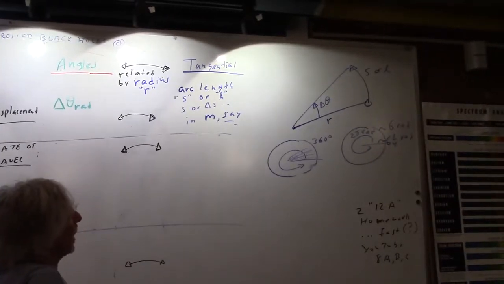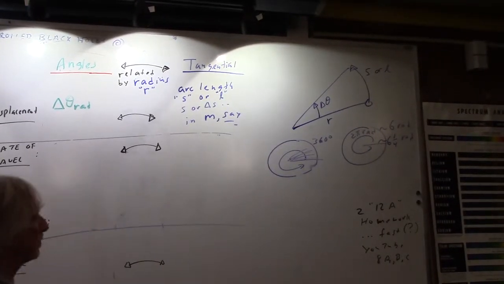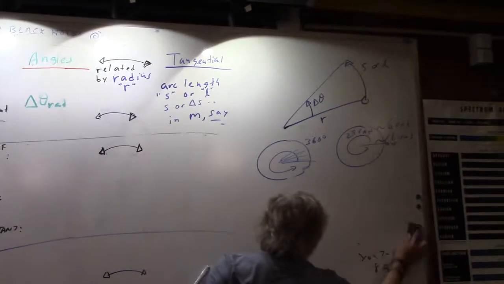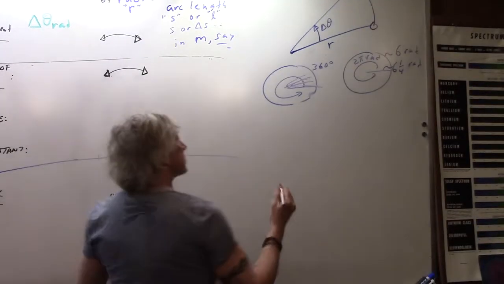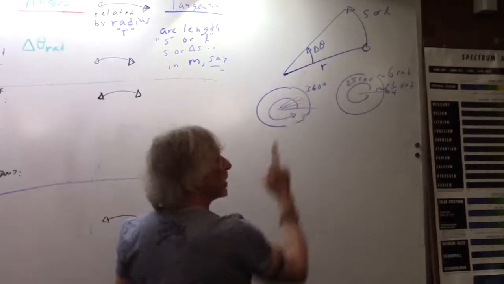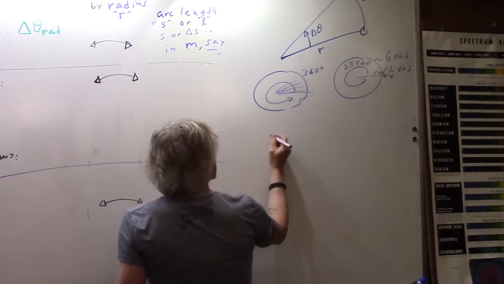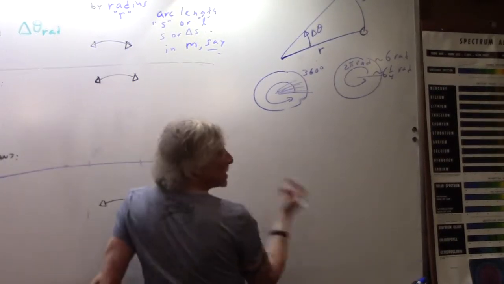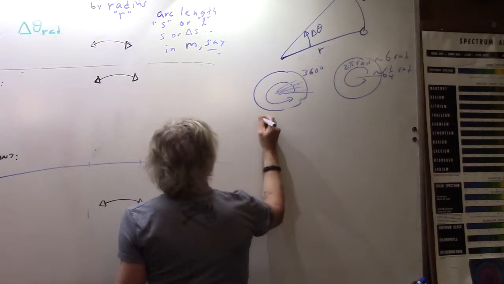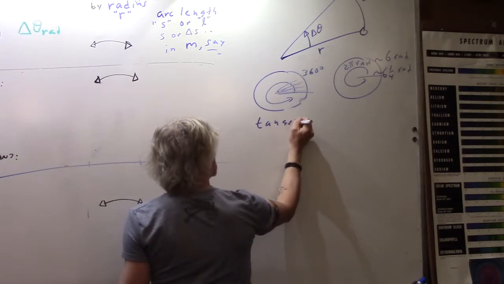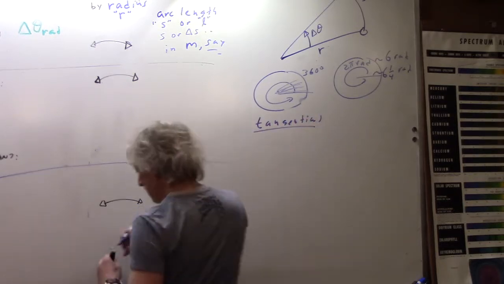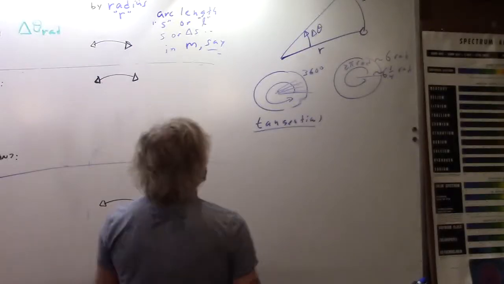So how big is a radian? What is a radian? It's simply this. If I look at this, let's talk about the tangential and relate it to the angular.